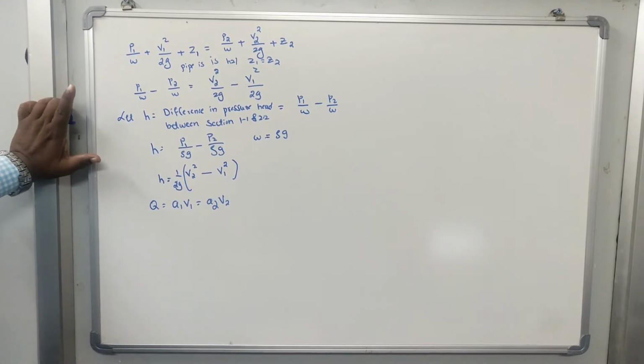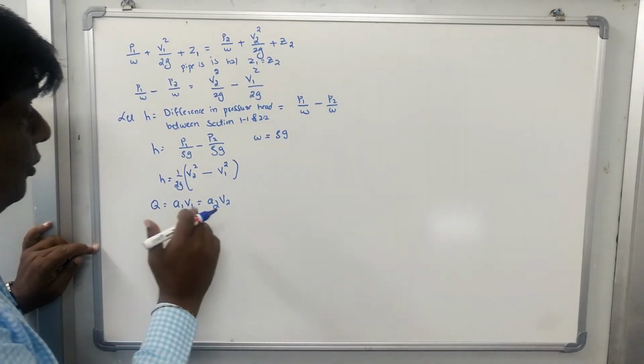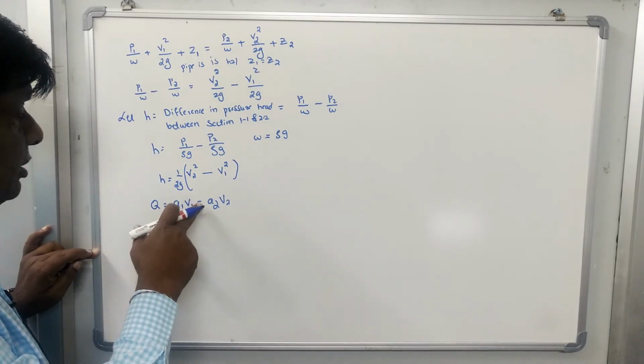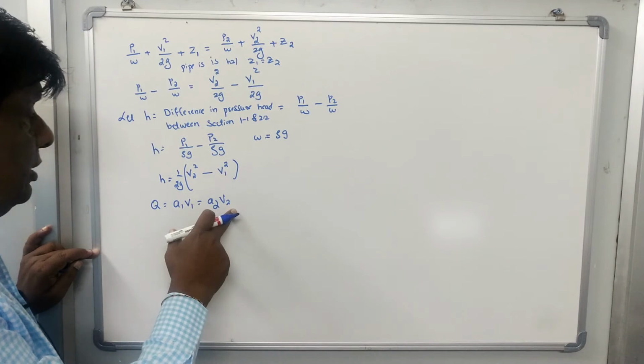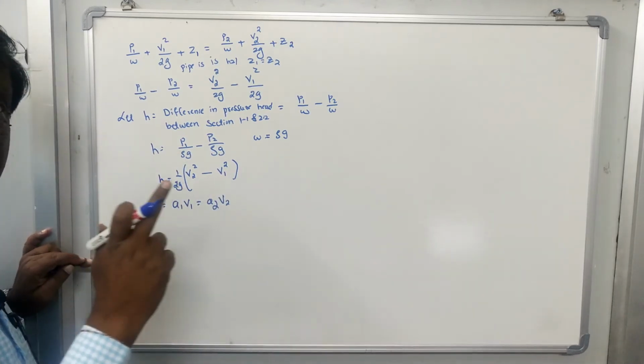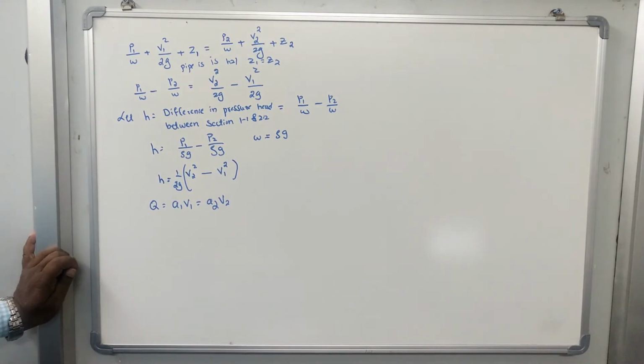So Q is equal to A1 V1 is equal to A2 V2.